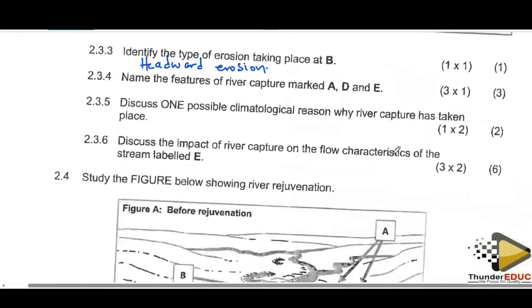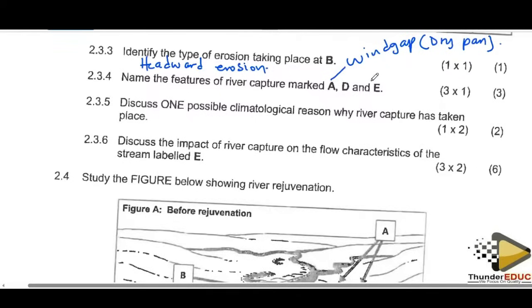So if I can write it again here, then we say feature A is a wind gap, in bracket a dry gap. So feature A, like we said, wind gap, a dry gap.